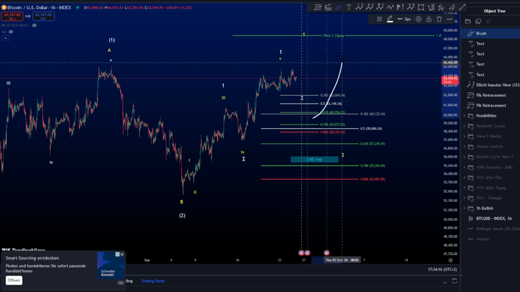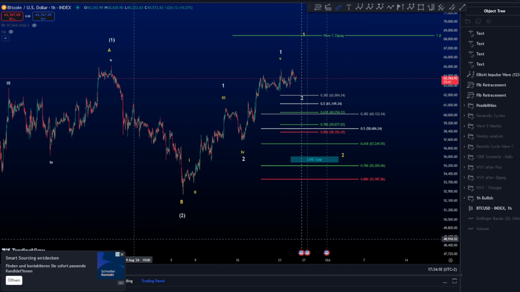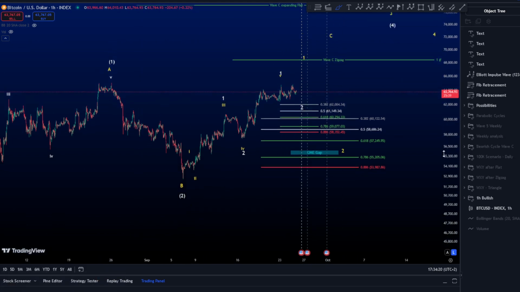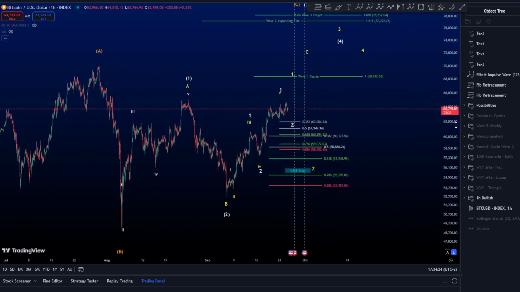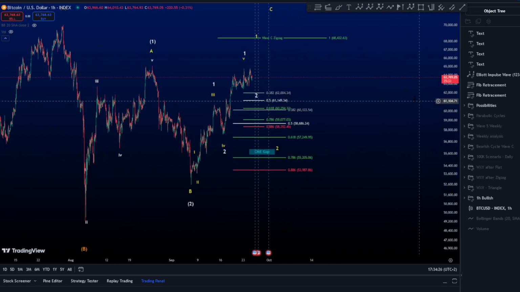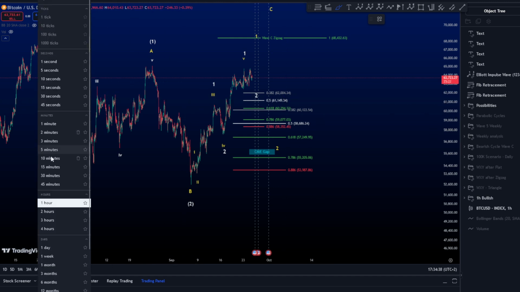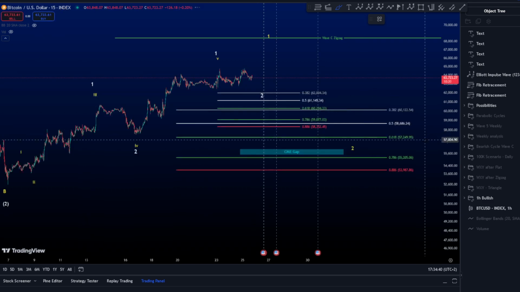Your wave 3 of 3 should be very strong, sharp and volatile. This is what we are expecting for a wave 3, and of course the 5 digits scenario, where we want to see Bitcoin hitting 5 digits as price, right? So this is basically what's happening in our scenario.